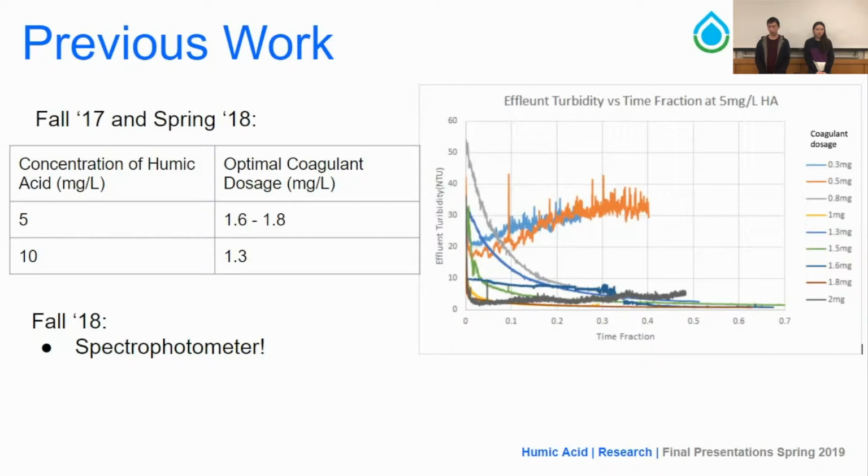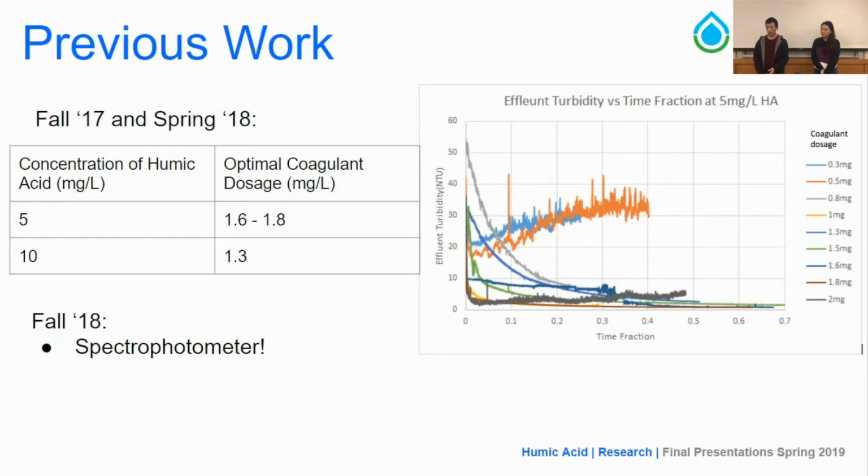At the conclusion of the spring 2018 semester, the humic acid subteam felt that no further research into the optimal coagulant dosage was needed for the different concentrations of humic acid. As you can see on the plot on the right, it is a plot of effluent turbidity versus time fraction at 5 milligrams per liter of humic acid.